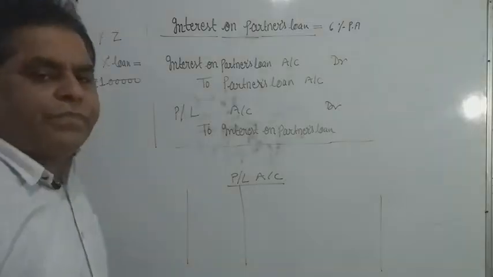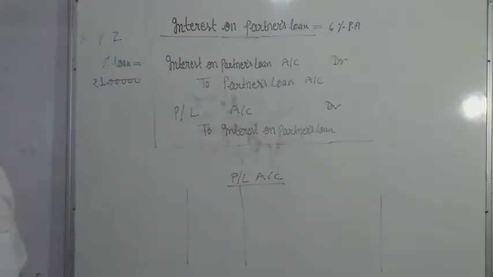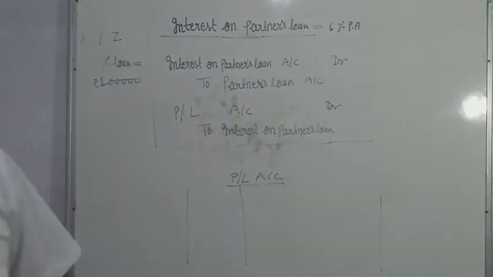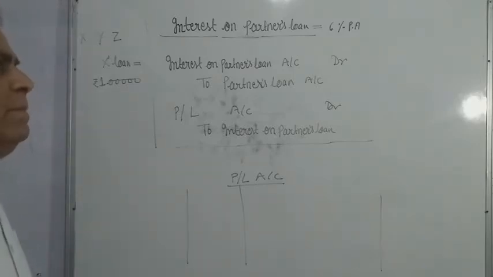Hello student, now in the same video I am going to start interest on partners loan. Now dear student, you always keep in your mind that if partners are having a partnership deed, and in their partnership deed they are having any fixed rate of interest on partners loan, then the same rate of interest will be allowed on the partners loan.